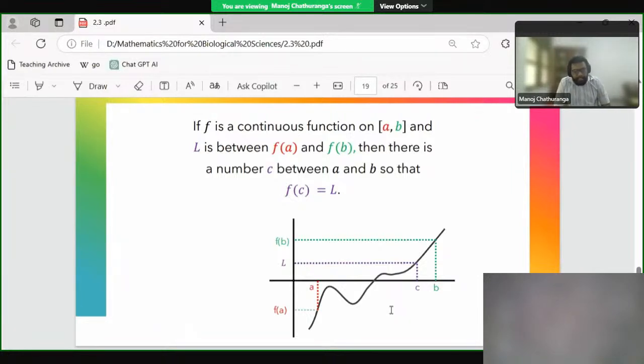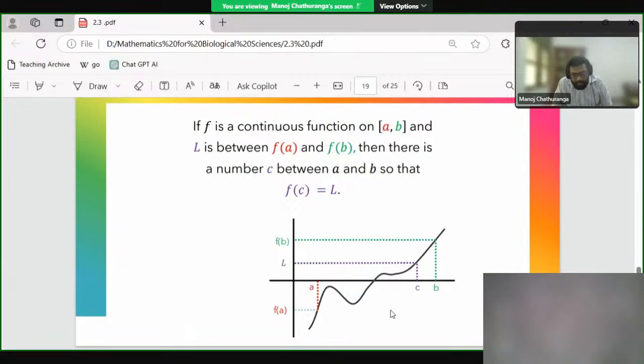Now, take any number between f of a and f of b. Let's call it L. Now, take L and draw a horizontal line through L. And if the function is a continuous function, the graph goes something like this. It can be any curve joining this point and this point.